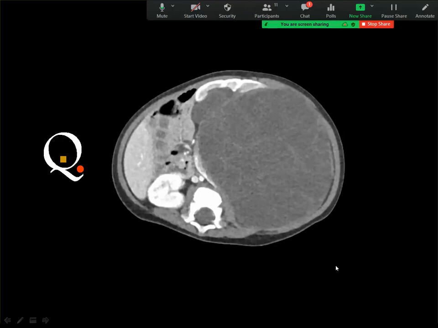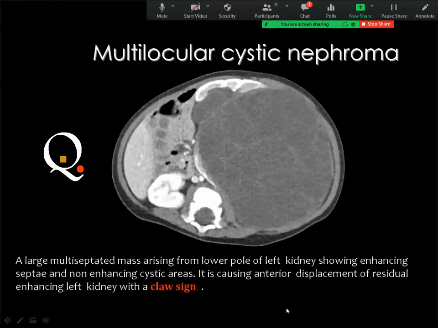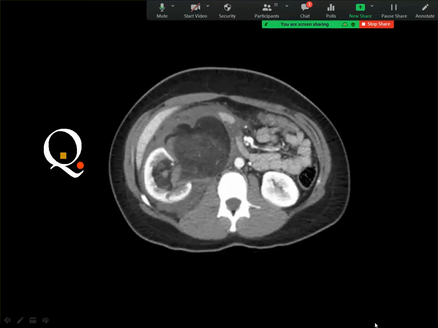This is a big lesion in the left kidney with the characteristic claw sign appearance. The lesion is mainly or totally cystic with internal very fine septations, the classic of multilocular cystic nephroma of renal origin because of the claw sign, as you can see.